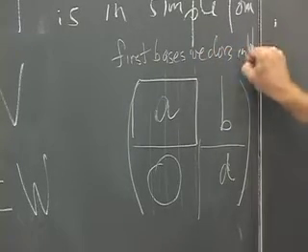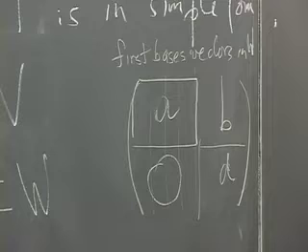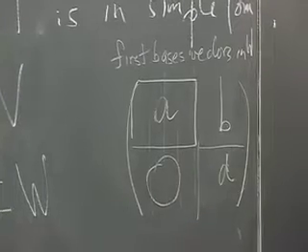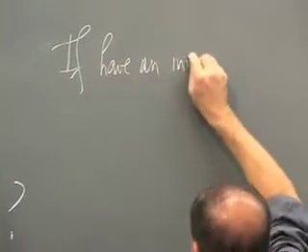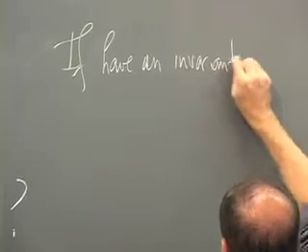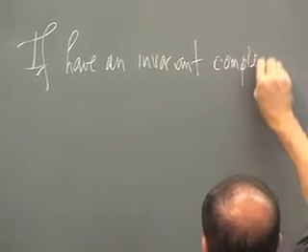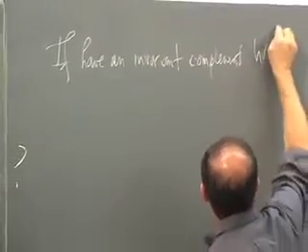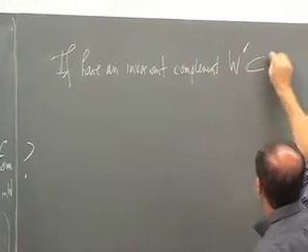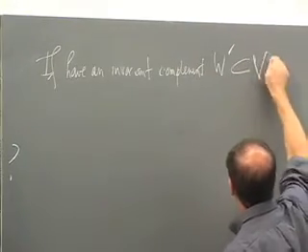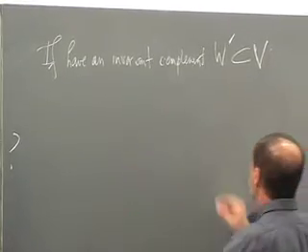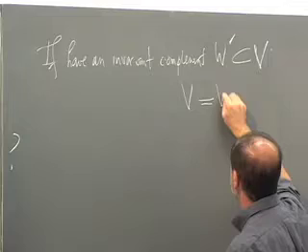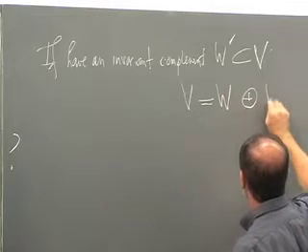Now, even better than an invariant subspace is an invariant subspace with an invariant complement. If you have an invariant complement W prime, which means another subspace of V, such that any vector in V is uniquely of the form a vector in W plus a vector in W prime, we write V as the direct sum of W plus W prime.